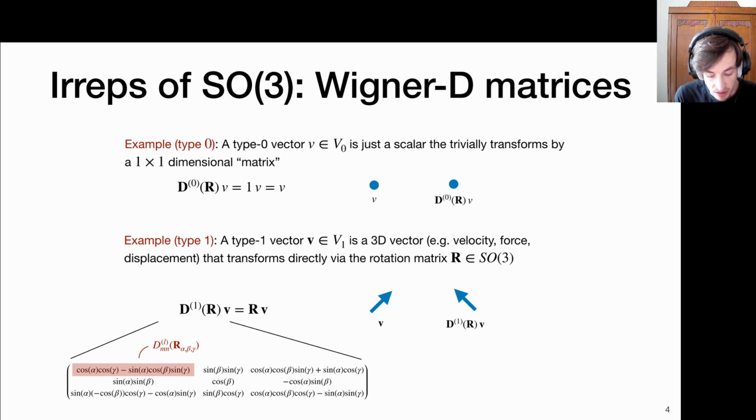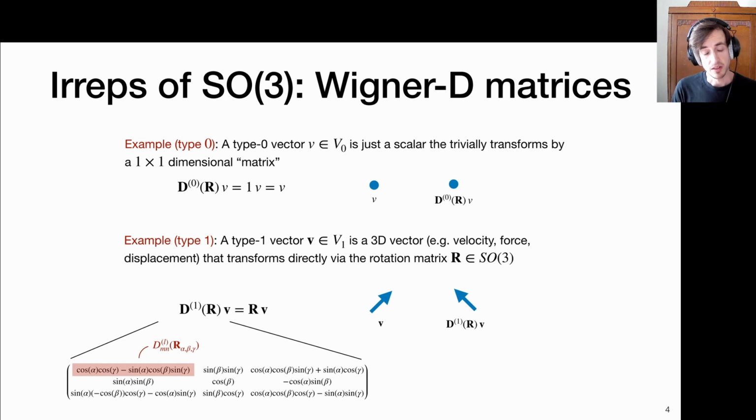I cannot rotate a scalar. I just multiply it with the value 1. So the 1 by 1 dimensional irreducible representation of the rotation group is just the constant 1. And before we've been representing scalar values with just dots, no directional information in it. And if I rotate it, it stays the same dot. So the type 0 vectors are scalars and they trivially transform.